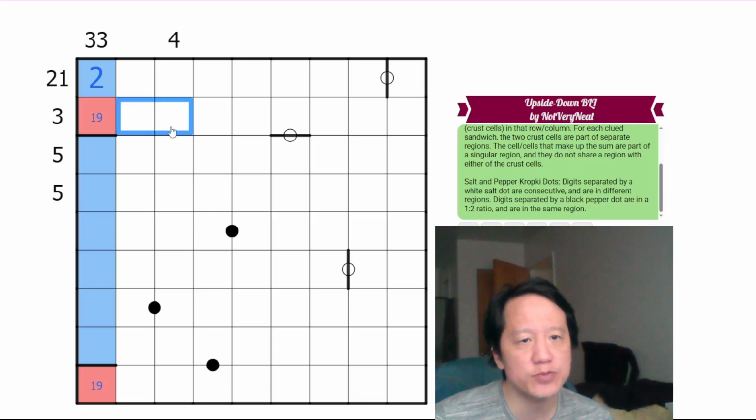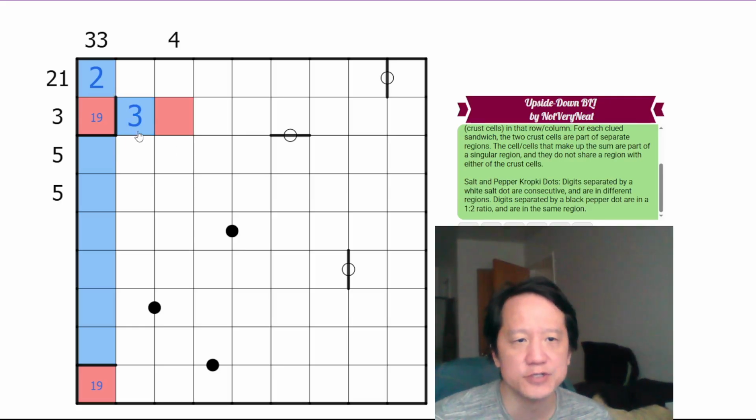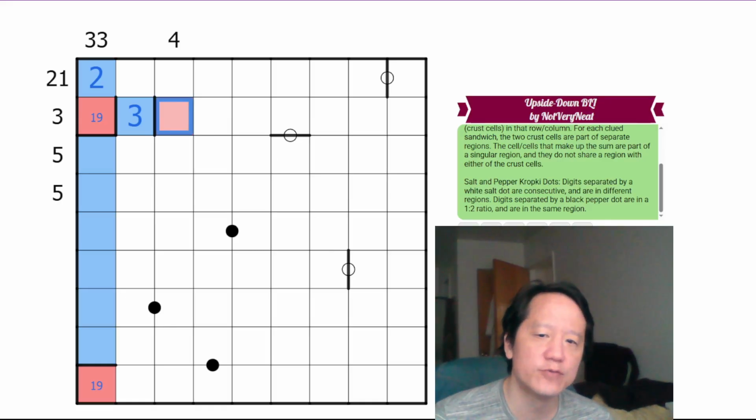That means the other crust in this row must be here then, because it can only have 3 in between. That's only the digit 3. So these are all separate regions then. Therefore, this is 1 or 9.